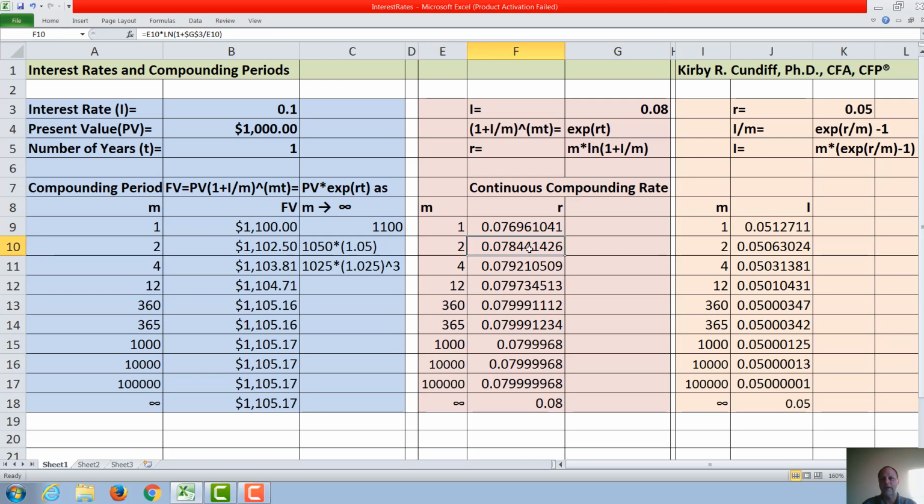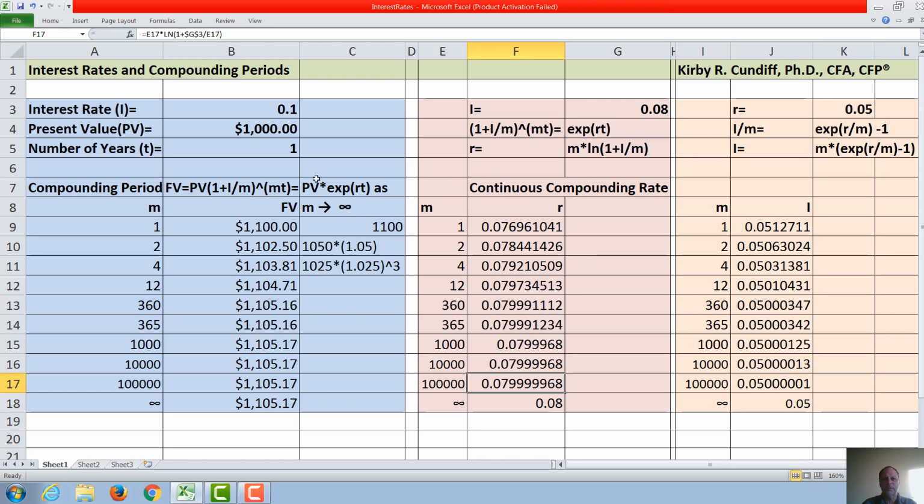We can click on it and show that. So M is going to be our E10 here, and then we're going to have the natural log of 1 plus I, our interest rate here, which is G3, divided by E10, which is again going to be our M here. And as we gradually increase M, our rate R goes from being slightly below 0.08, gradually converging up to basically 0.08 as M goes to a very large number.